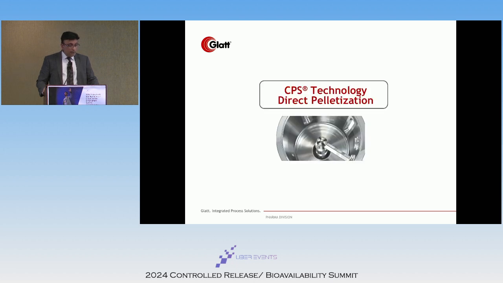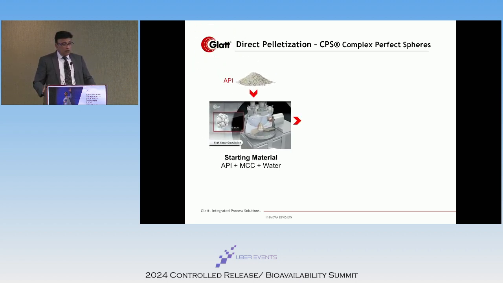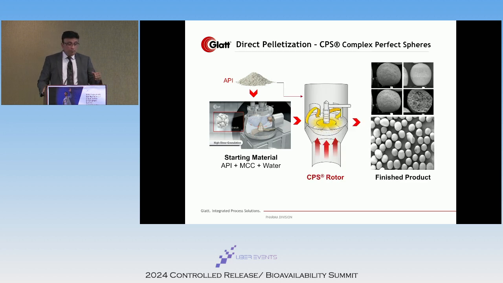Now, the CPS technology, as I was telling, is very unique. You have your API and you mix it with MCC, and then you start applying water. You can do it that way, or you can have a pre-granulation, or we call it a pre-moisturing process.